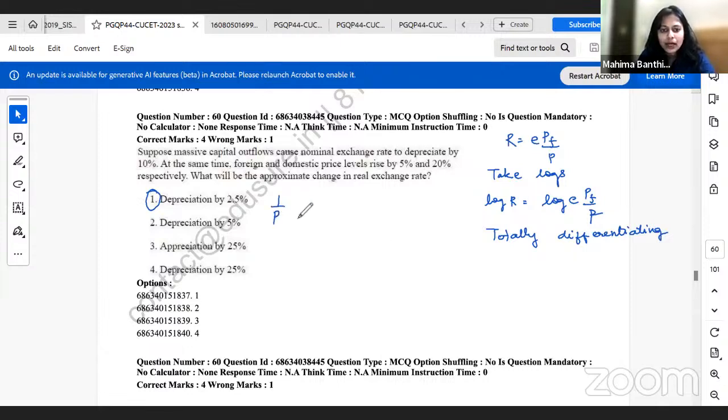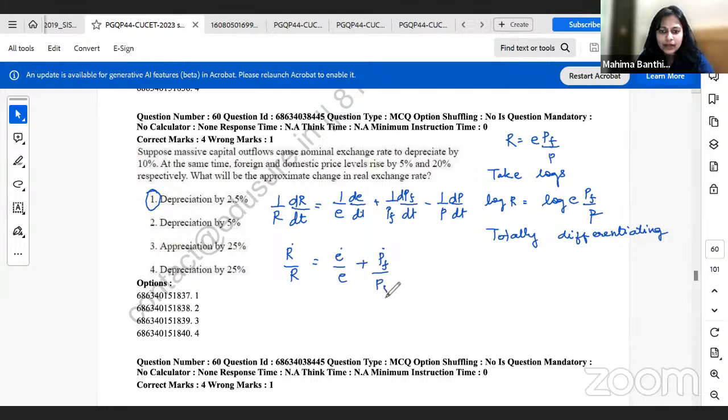So we get 1 by R dR by dt is equal to 1 by E dE by dt plus 1 by PF dPF by dt minus 1 by P dP by dt. This is what we simplify to write R dot by R is equal to E dot by E plus PF dot by PF minus P dot by P.